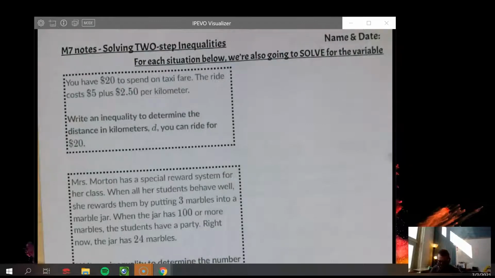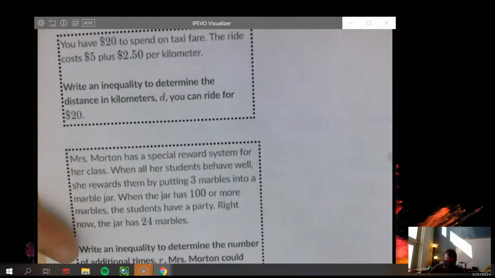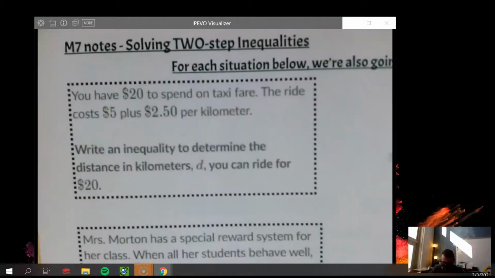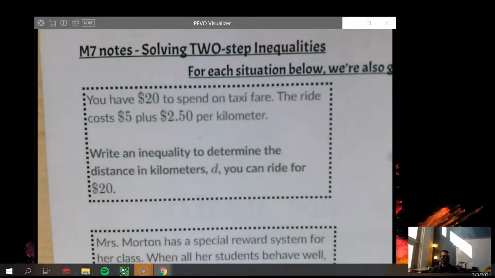Martin, on this first problem on the back here, what do we start at? You're right. So this one's really tricky, and I'm glad you said that. That's what we have to start. That's like the dollars we have in our pocket. But we want to look at the cab ride. So when we look at the cab ride, what does the cab ride start at? Not 20. 5, right?